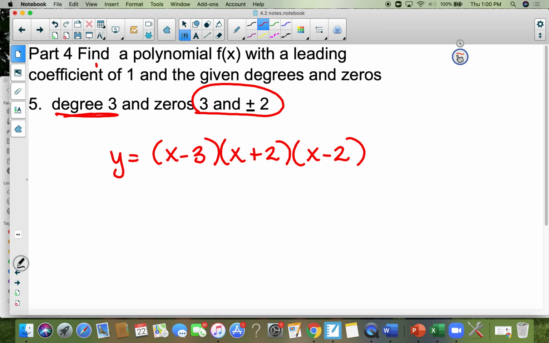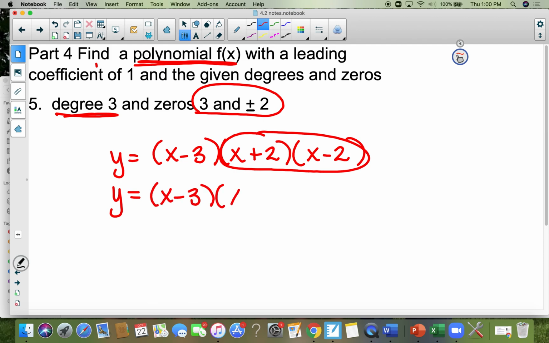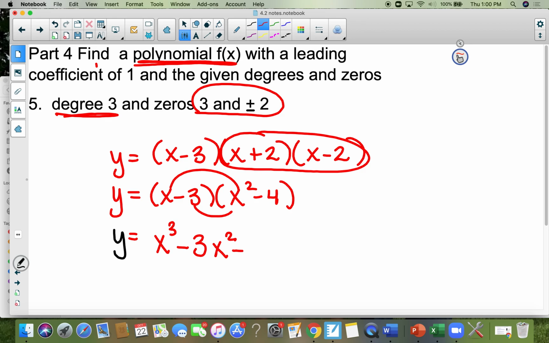If you set all those equal to 0, you would go back to the 3 and plus or minus 2. But they want you to multiply this all out. So I'm going to multiply these two together first, and you get x minus 3, and you get x squared minus 4 when you FOIL those two. And then my final answer is x to the third minus 3x to the second minus 4x plus 12.